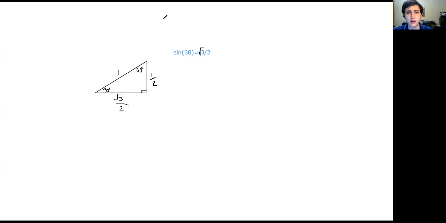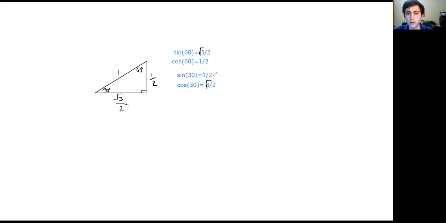We would say that the cosine of 60 degrees, you can imagine tilting your head and turning the triangle the other way, would be 1/2. And likewise, the sine of 30 degrees would equal 1/2, and the cosine of 30 degrees would equal the square root of 3 over 2.